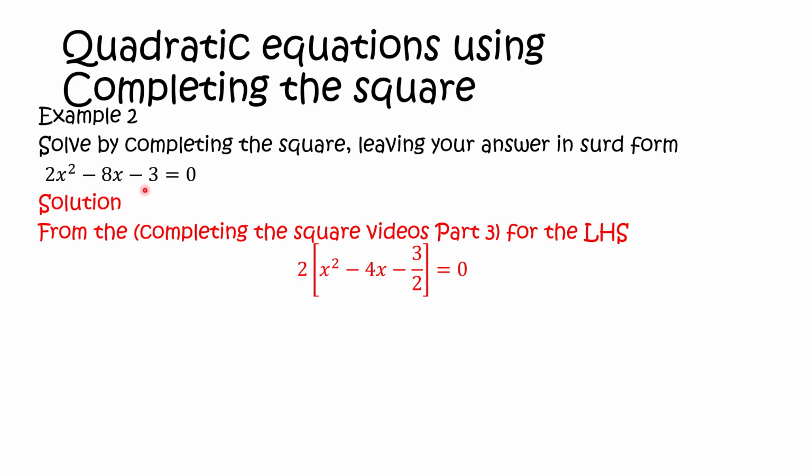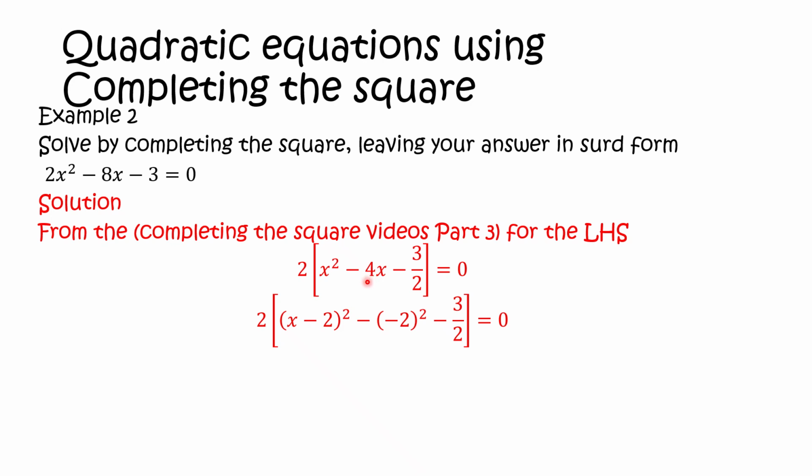The coefficient of x squared is not equal to 1, so we have to deal with that first. We take out, or rather factorize, the 2 outside the square parenthesis so that we have x squared minus 4x minus 3/2 in the square parenthesis equal to 0. Then we perform the completing the square for the quadratic.